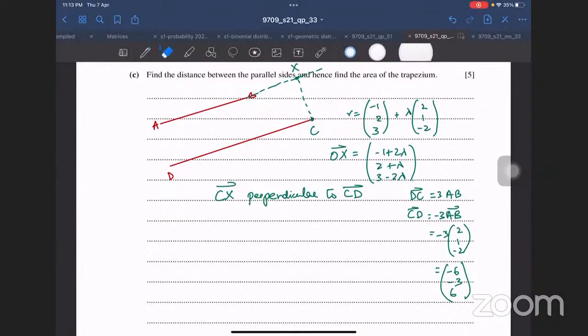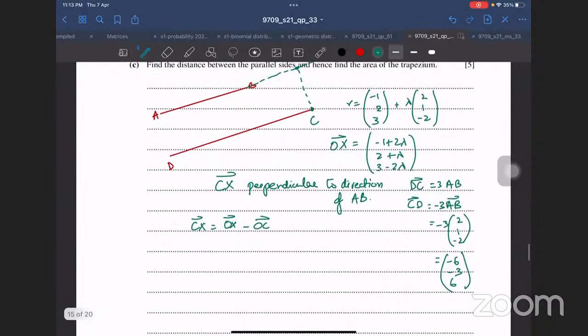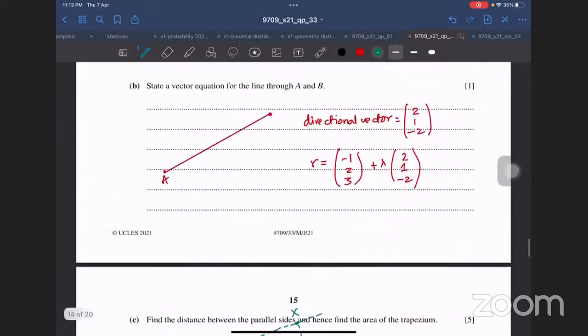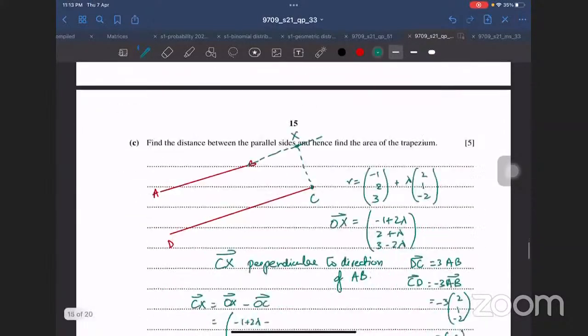Actually, I didn't really need that. CX is perpendicular to the direction of AB. So I can say that CX is therefore OX minus OC. I will need that CD later for the area. So that's fine if I calculated that right now. And OC, let me just check what OC is. OC is 2, 2 and minus 3.